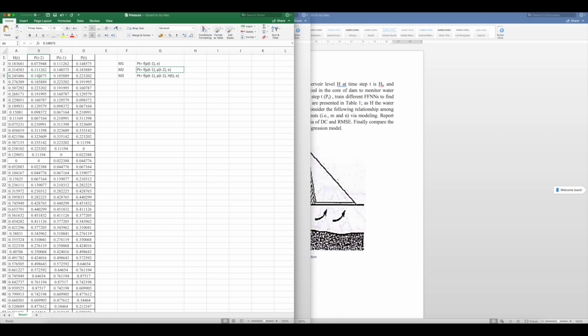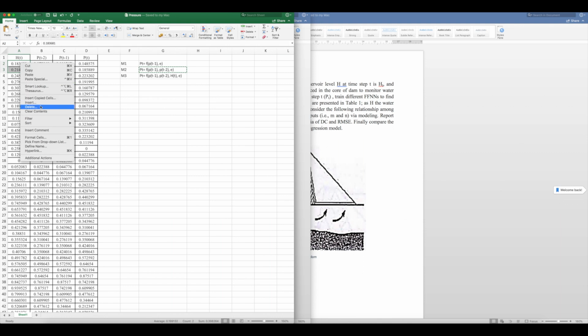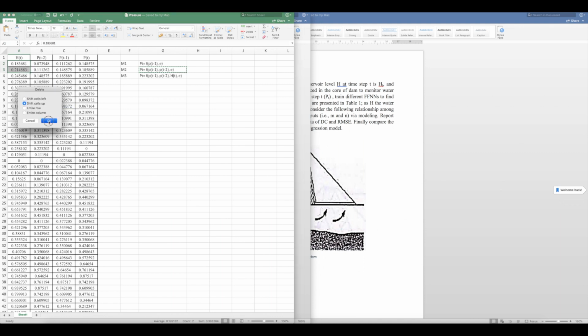And this should be the case also in h. As long as we are considering pt as a function of h of t, we should also remove the first two values of h of t, in order to have pt predicted by h of t.